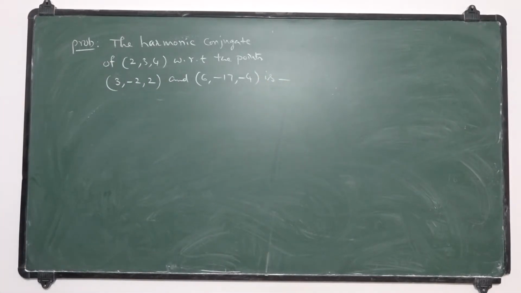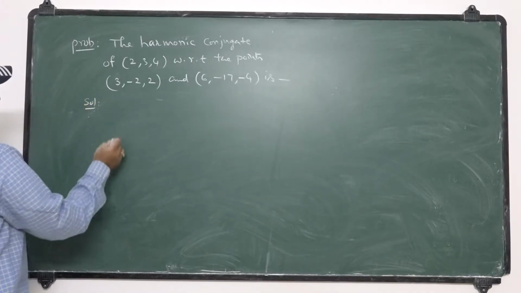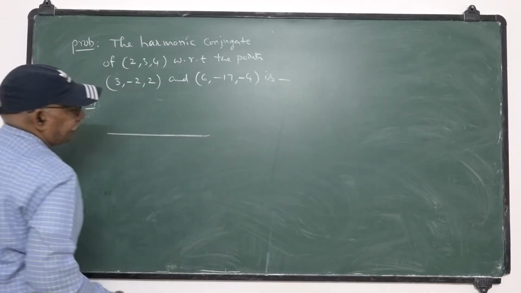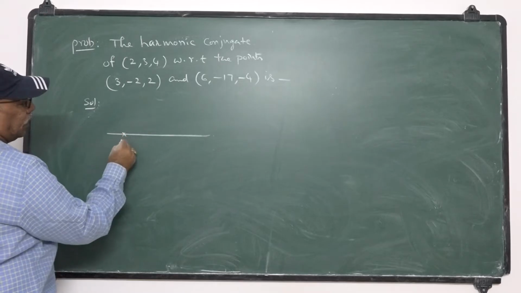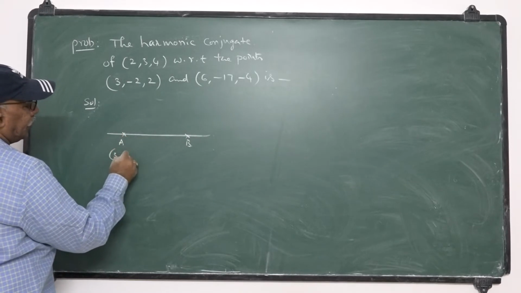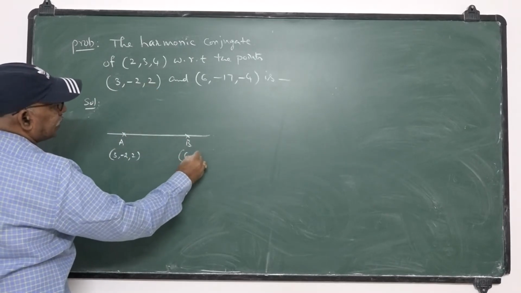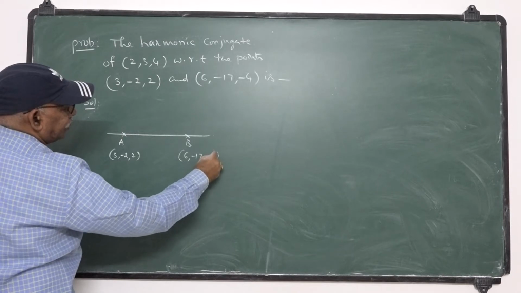The harmonic conjugate of the given point with respect to the given two points. Harmonic conjugate of the given points A and B. Suppose A is here (3, -2, 2) and B is (6, -17, -4).